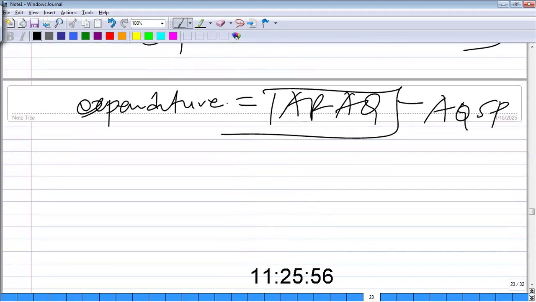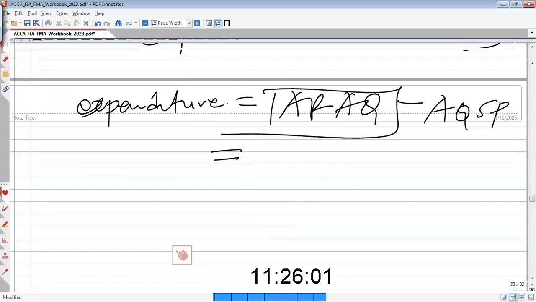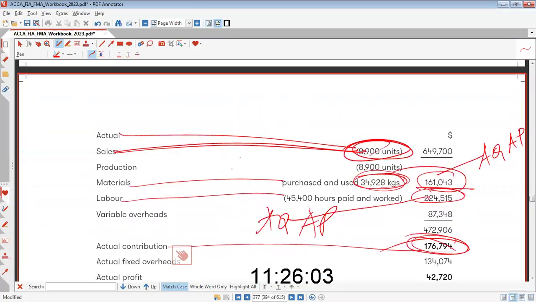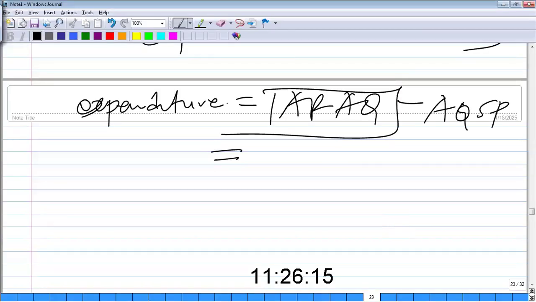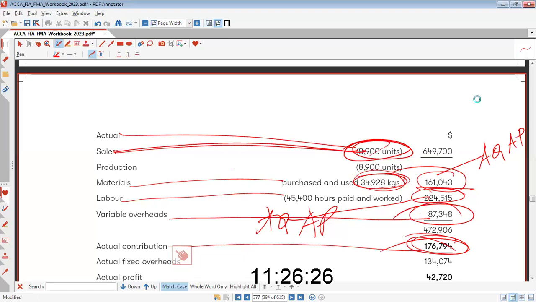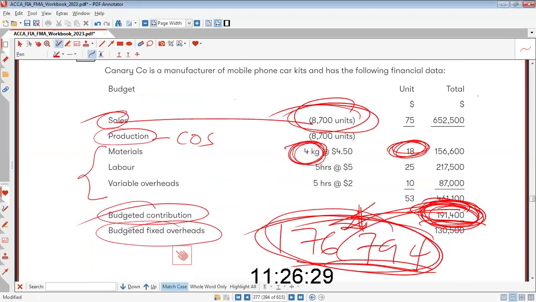How much is it? $22. It's here. 87,348 minus AQ SP. Do you have the standard price? When I say standard price, we come back to the budget.